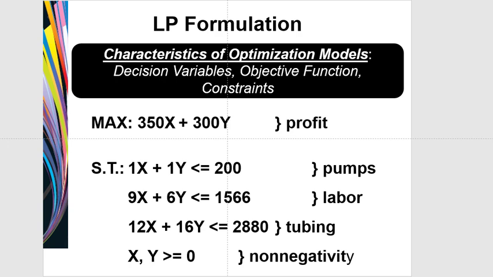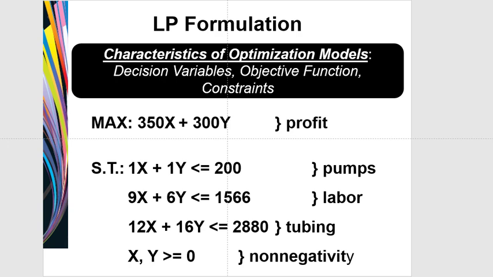Right? So again, this is the capacity constraint in terms of labor, and this is the right-hand side value, while the coefficients and the decision variables will form the left-hand side values of the labor constraint.